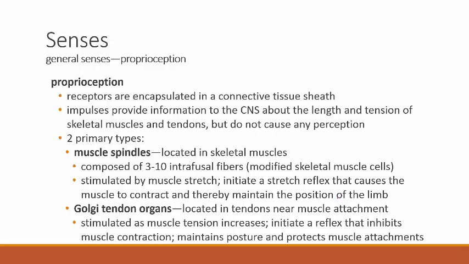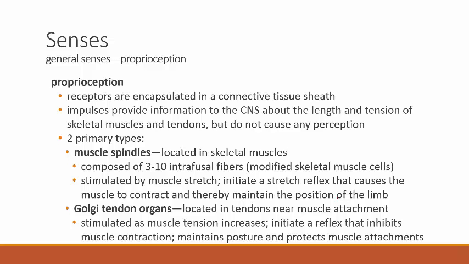There are two primary types of proprioceptors: the muscle spindles. These muscle spindles are located in skeletal muscle tissue, and they're composed of anywhere between 3 and 10 of these modified skeletal muscle cells called intrafusal fibers.